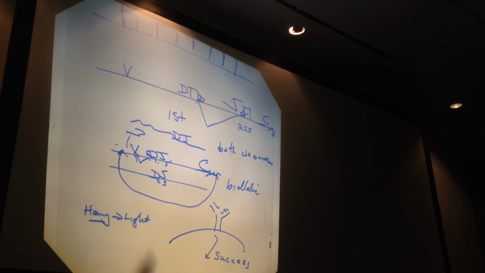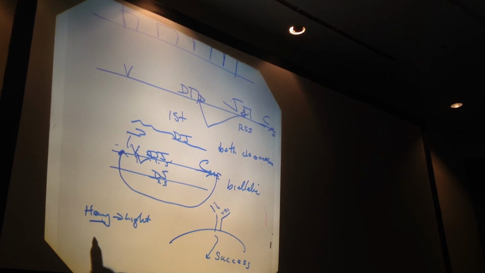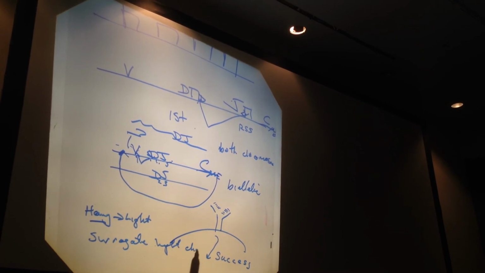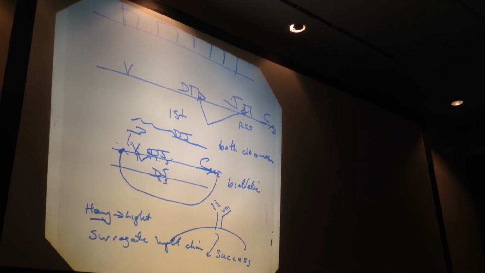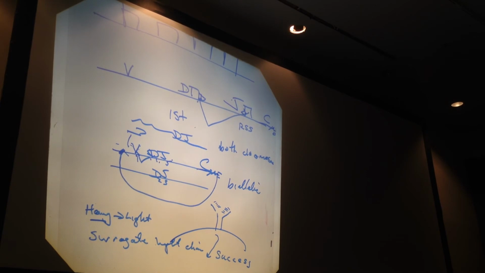Nope. You need to test before you can get light chain rearrangement. It's not the final light chain, it's just a simple recombined light chain. So you're close. There's a surrogate light chain. There's another gene dedicated in these early B cells. So I won't bore you with all the details.